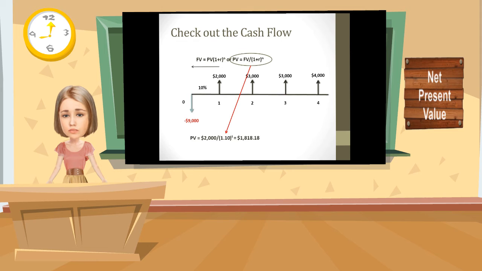The net result is the net present value, or NPV. To begin, we first use the formula of future value, which equals present value times 1 plus r, raised to the power of n. This can also be arranged to read present value equals future value divided by 1 plus r raised to the power of n. The future value in the formula is the specific cash flow, r is relevant to the cost of capital.